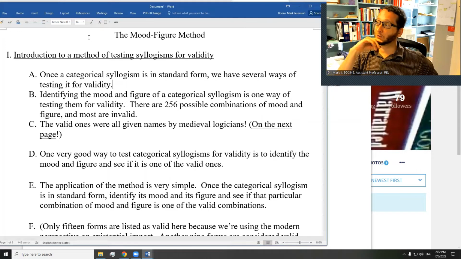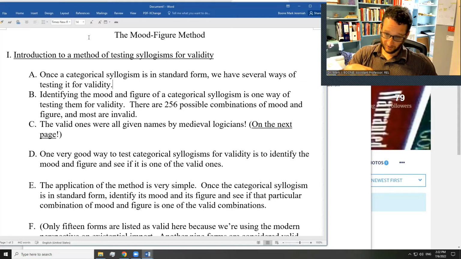Once you get a categorical syllogism into standard form, that is to say, take each of its propositions and put it into one of the 4 available standard forms: all X are Y, the A form; no X are Y, the E form; some X are Y, the I form; or some X are not Y, the O form. Get every proposition into standard form, make sure there's no unnecessary use of synonyms, and you have a total of 3 terms in the argument, and write the conclusion last and the premises first.